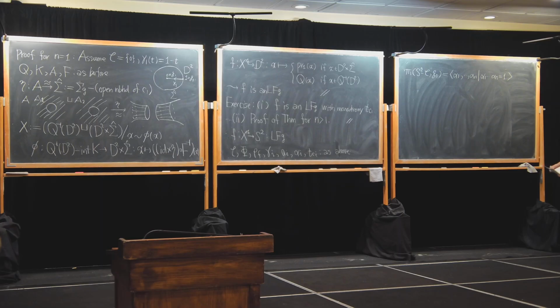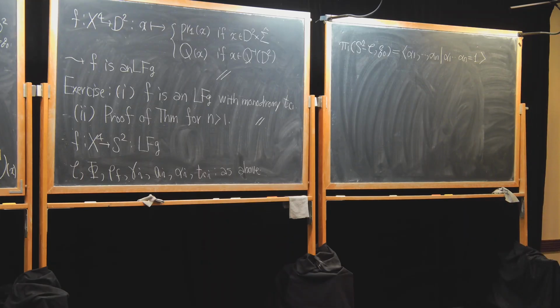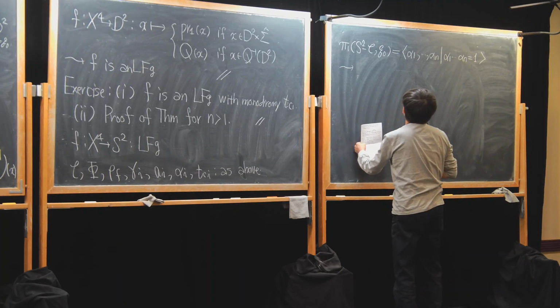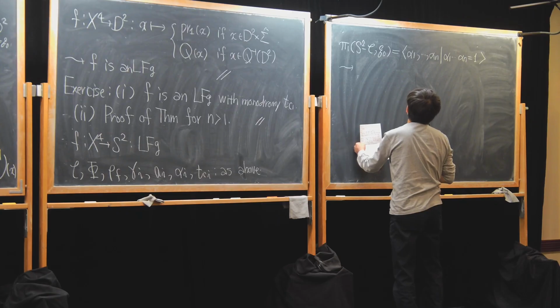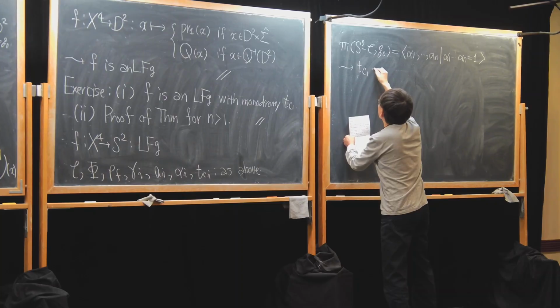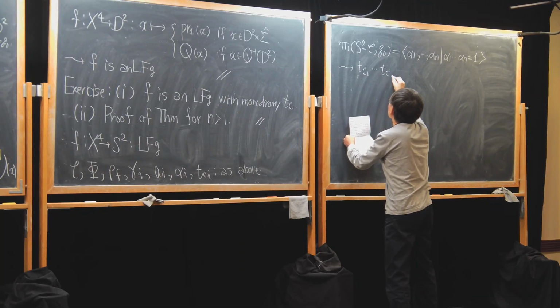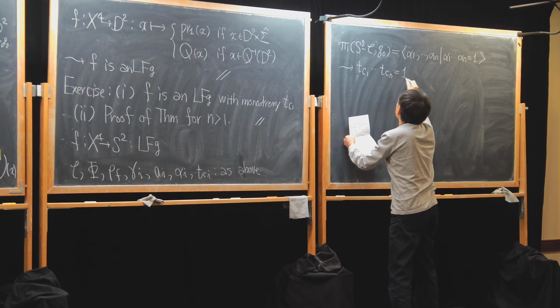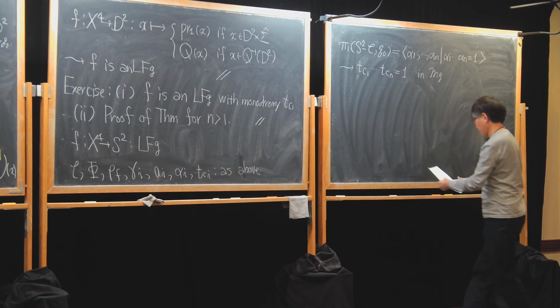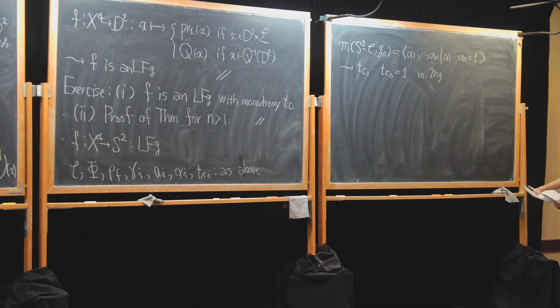So since the composition of alpha 1 to alpha n is homotopic to the constant map, we have this relation. And then considering the homomorphic image of this relation, we have the relation TC1 to TCn is equal to 1 in the mapping class group of genus g.